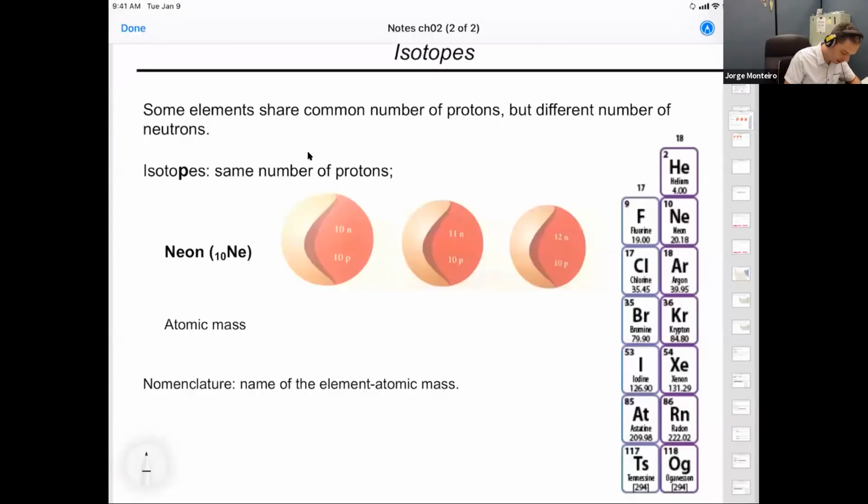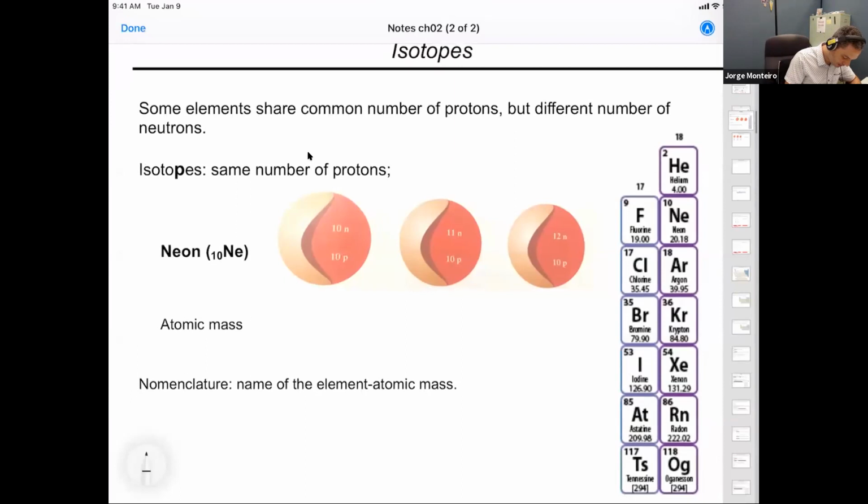Pay attention here. Just the fact that these three elements have 10 protons means all of them are neon. However, the first one has 10 neutrons, the second one 11, and the third one 12. Therefore, they will have a different mass number.